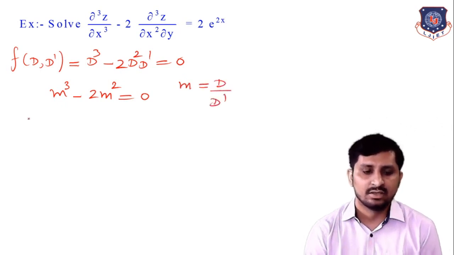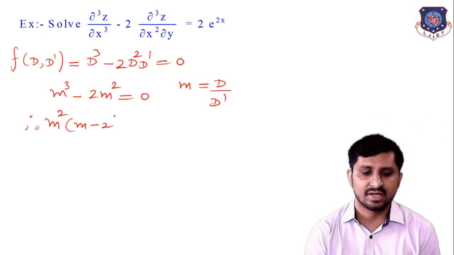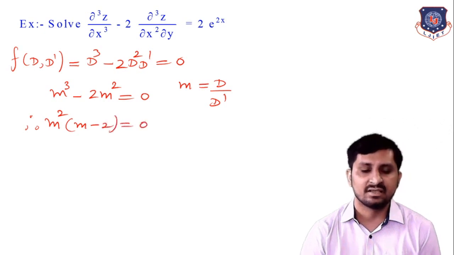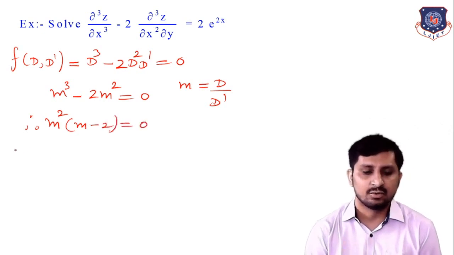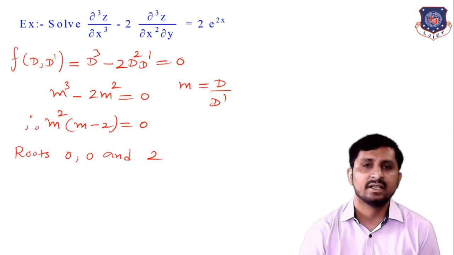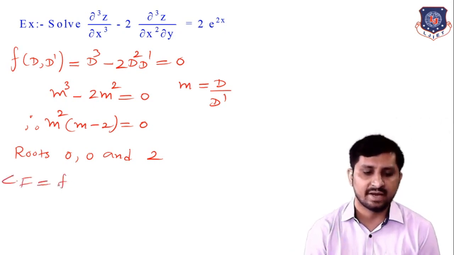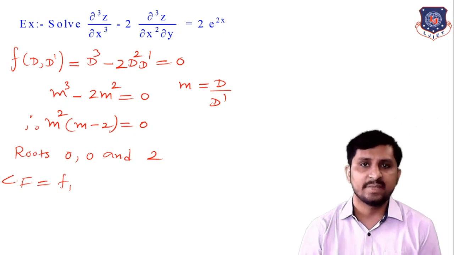Taking m square common in brackets, we have m square into m minus 2 equal to 0. So the roots are 0, 0 and 2.